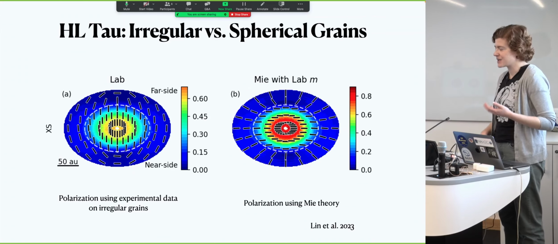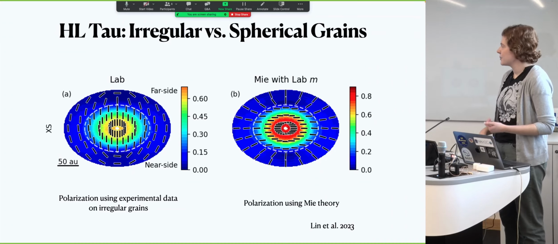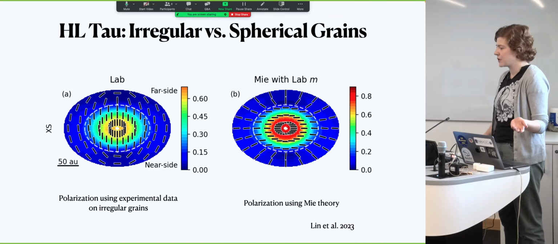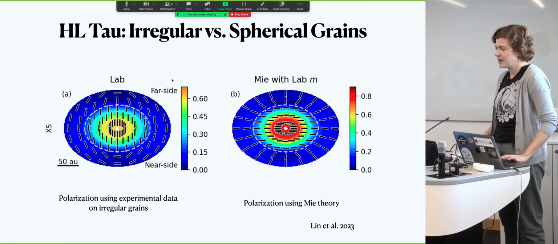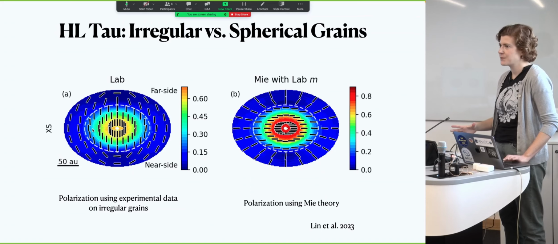If you take those lab measurements of polarization fraction versus scattering angle and model the polarization in HL Tau using them, you can create polarization that's aligned with the disk's minor axis, even if you have millimeter-sized grains, as long as the grains are irregular.